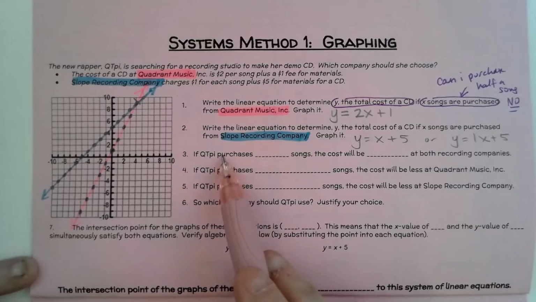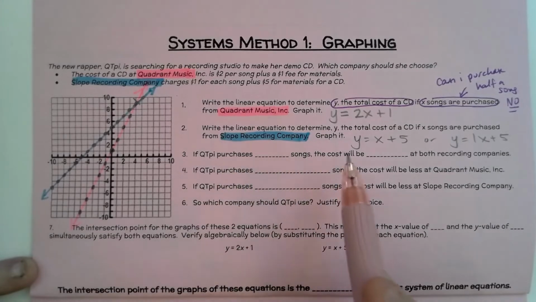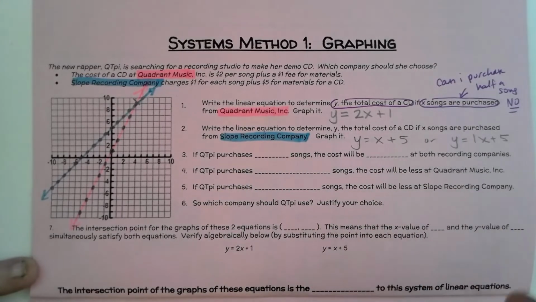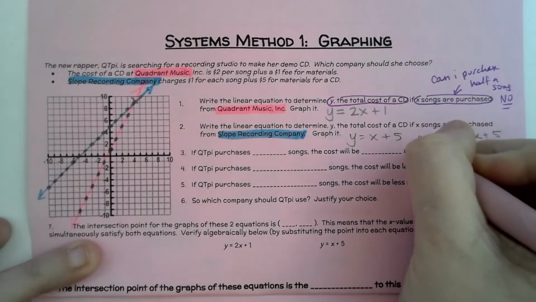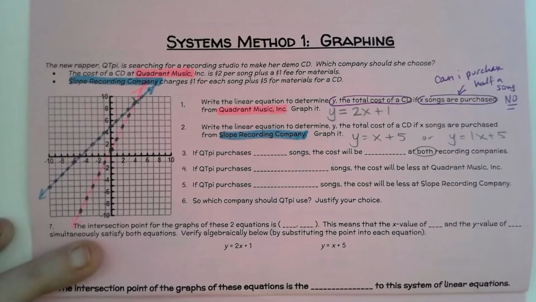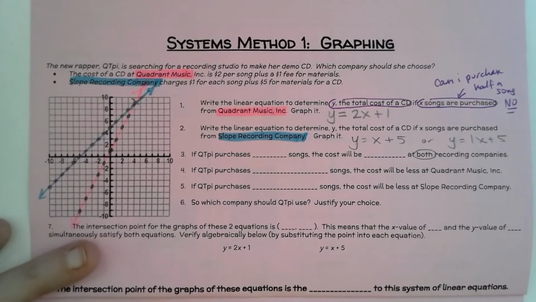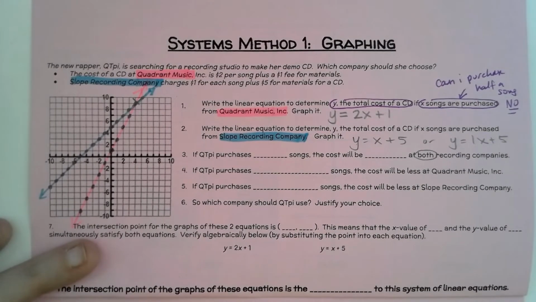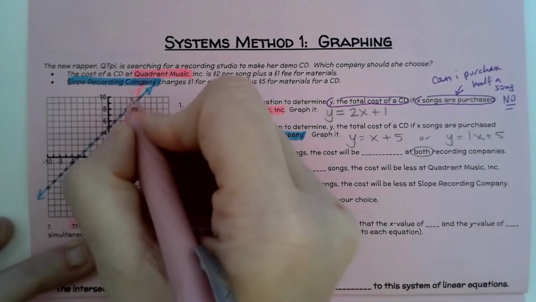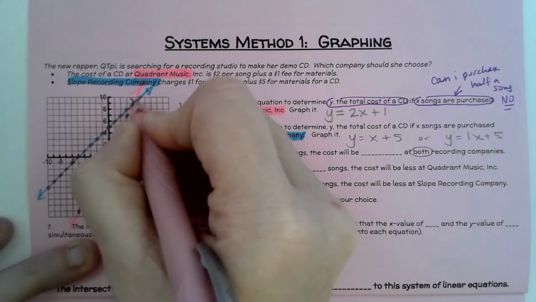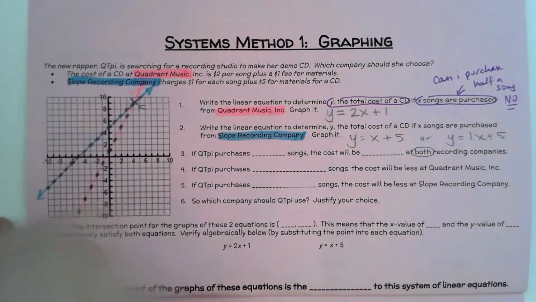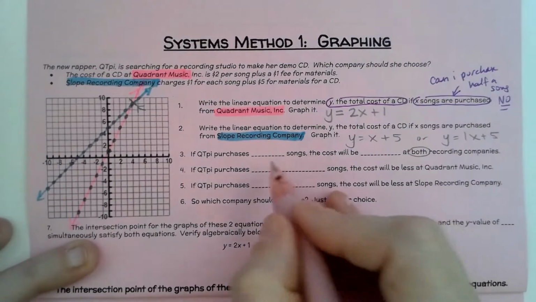Okay, so let's look at this. It says if Cutie Pie purchases blank songs, the cost will be blank at both recording companies. So both is my key word here. I need them to have the same number of songs and the same amount of money. Well, what I look for is, you see how right here where they crossed, I put an X? That right there is where they're the same.